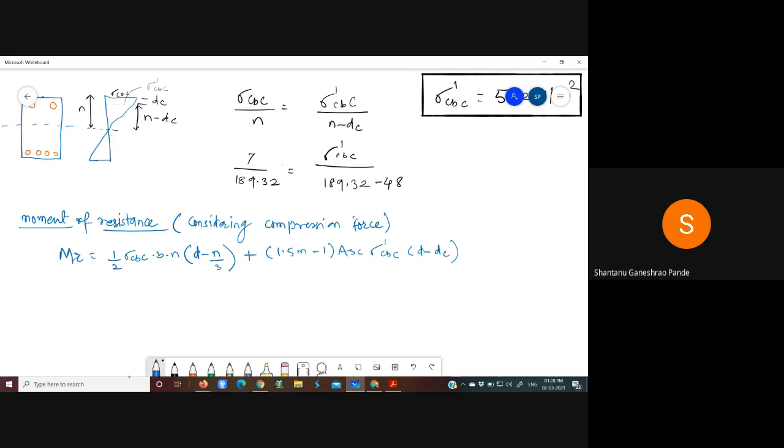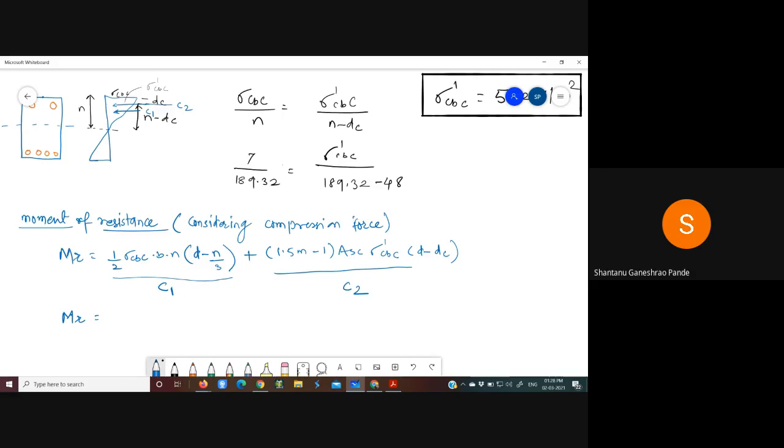This one is because of concrete alone, that is force C1, and this is because of force C2. C1 will be acting at the centroidal distance of this compression zone, and the C2 force will be acting at the level of compression reinforcement.